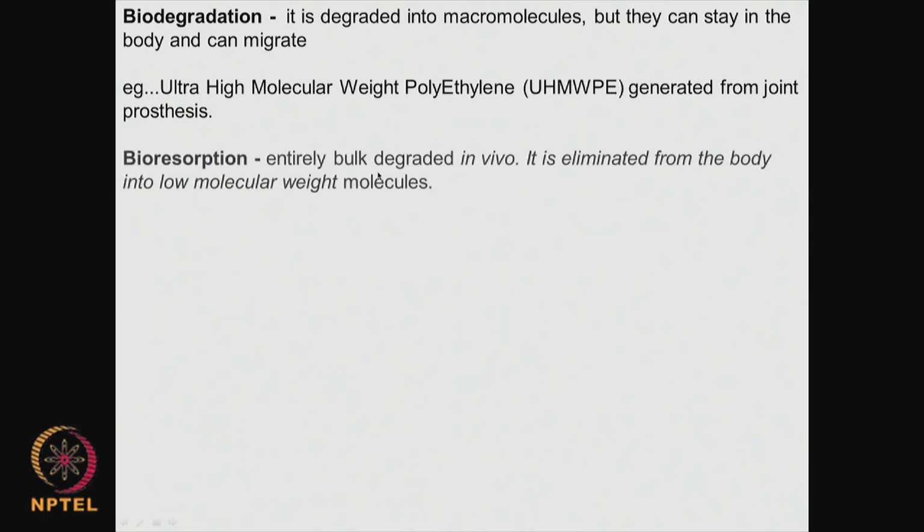What is bioresorption? The entire material gets degraded in vivo and it is eliminated from the body as very low molecular weight molecules. So, if there is a 20,000 molecular weight material, it gets resorbed into very small molecular weight material and it gets eliminated completely.